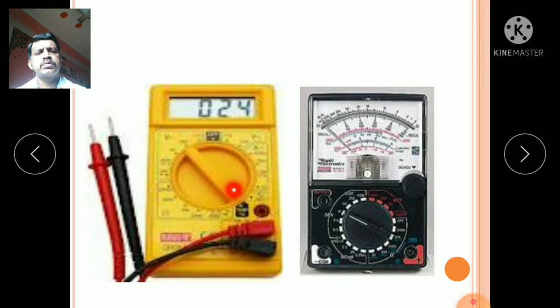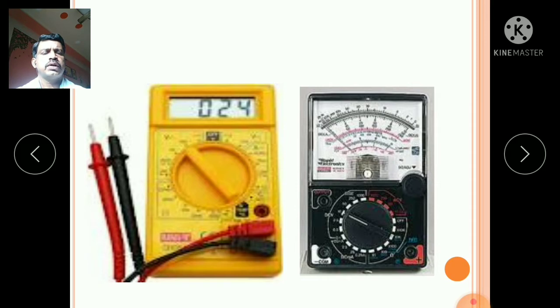Here this pointer shows voltage, here the current is given, here voltage, different ranges are there, here resistances are there, and whichever voltage, current or resistance we desire, we can measure with the help of this AC voltmeter, digital voltmeter or analog voltmeter, multimeter.